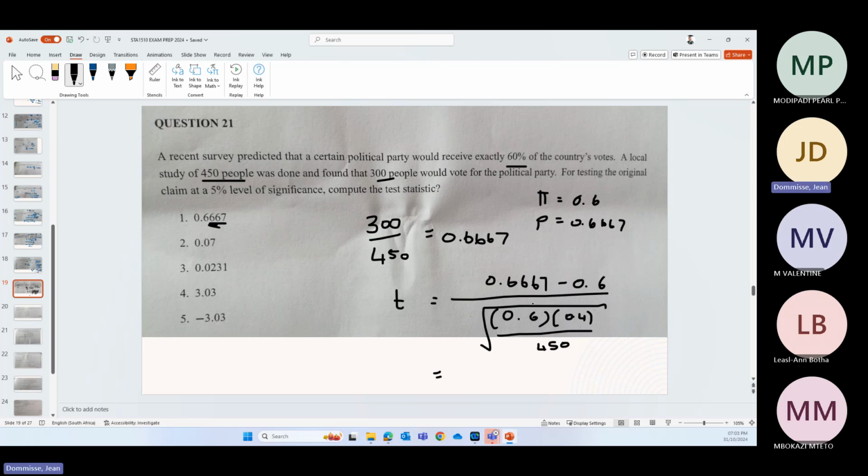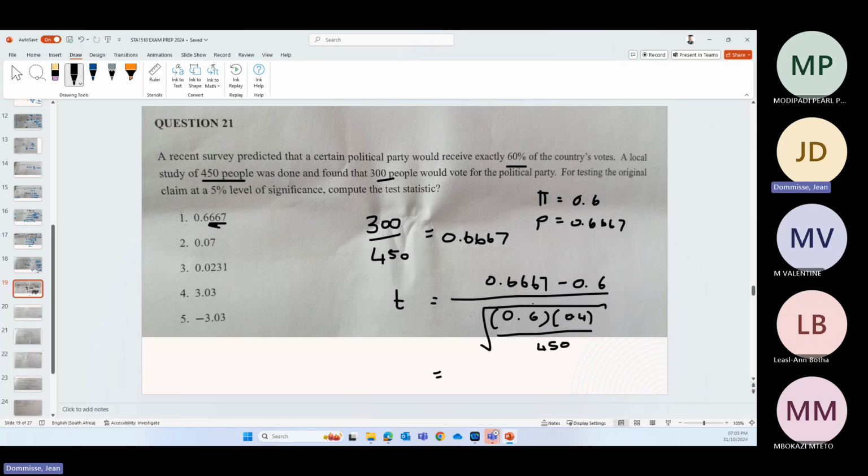A recent survey predicted that a certain political party would receive 60% of the country's vote. A local study of 450 people was done and found that 300 people would vote for the political party.